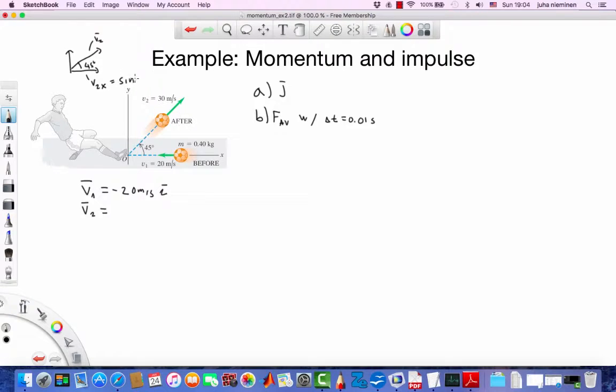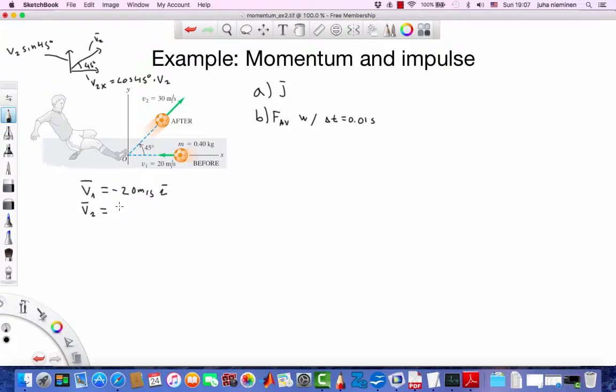It's going to be cosine 45 times the magnitude of v2, and then the vertical component is v2 times sine of 45 degrees. Oh, yeah, that's sine, so this is of course cosine, because it's adjacent.